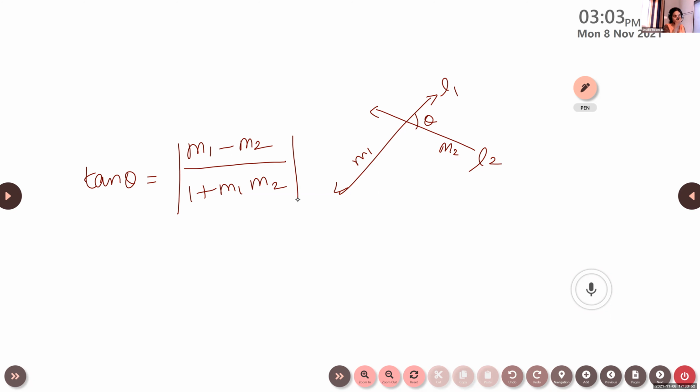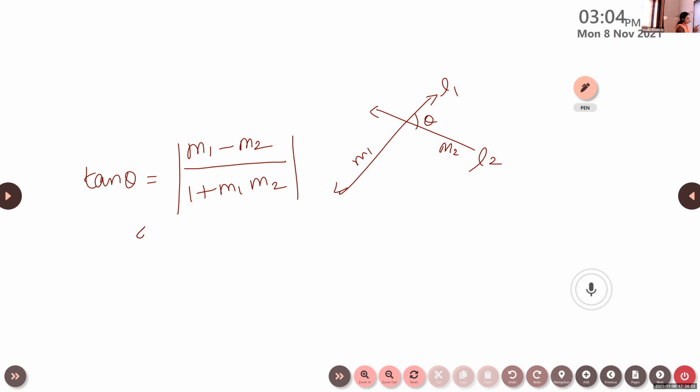We take only the numerical value without looking into the sign. So, the angle between two lines whose slopes are M1 and M2 is given by tan theta is equal to modulus of M1 minus M2 by 1 plus M1 M2.